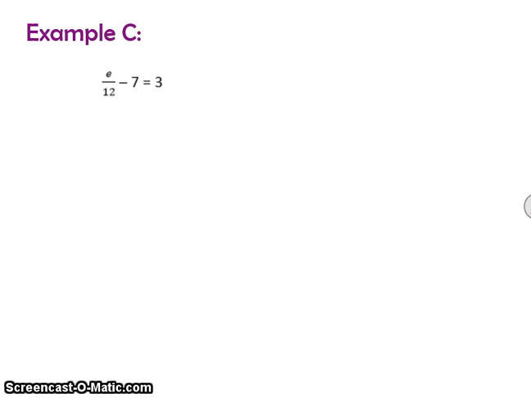The first thing you do is draw a line through your equal sign. I need to get this all by itself, so that means I need to do something with this minus 7. Well, the opposite of minus 7 is to add 7, so let's add 7 to both sides of that equal sign. Negative 7 plus 7 is 0. Cancel each other out.